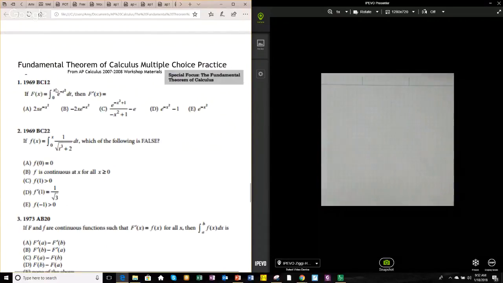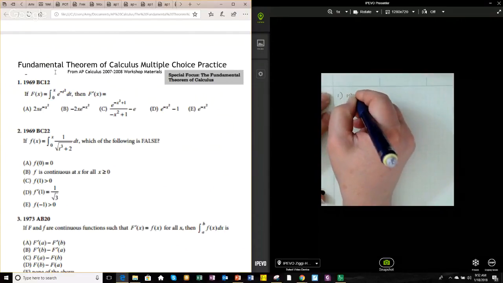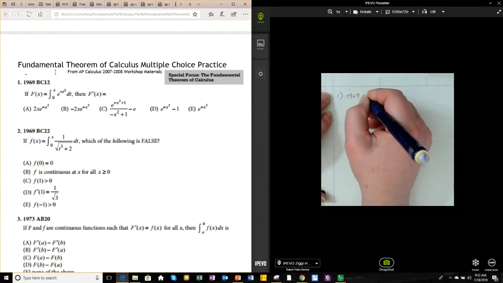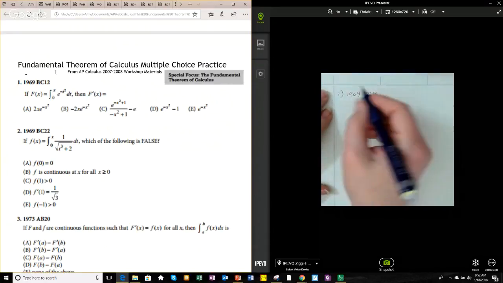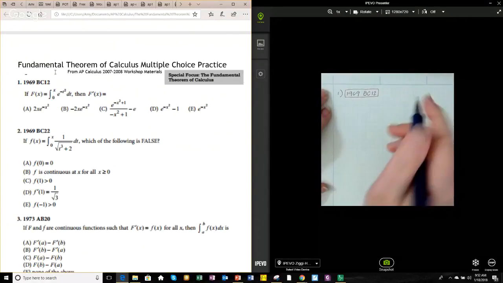From the problem from 1969. I started from the earliest renditions that I had here. So this is number 1, which is from 1969, and it's actually problem number BC 12. So we're going to be doing a BC problem, but the BC problems were also on the AP exam. There was some crossover.